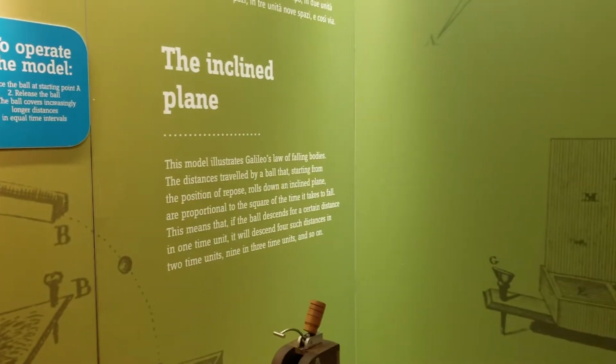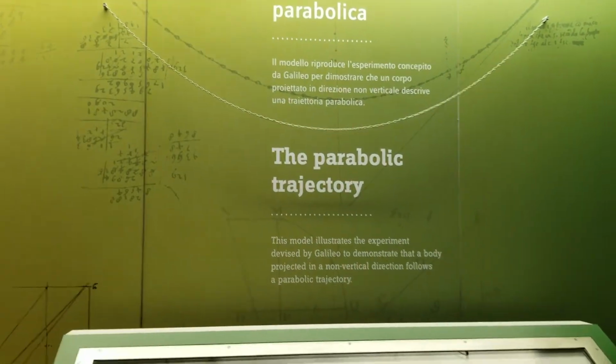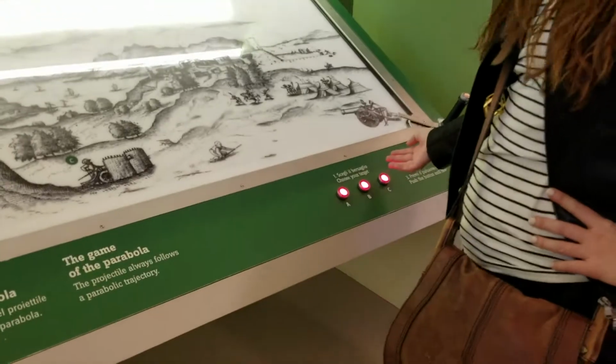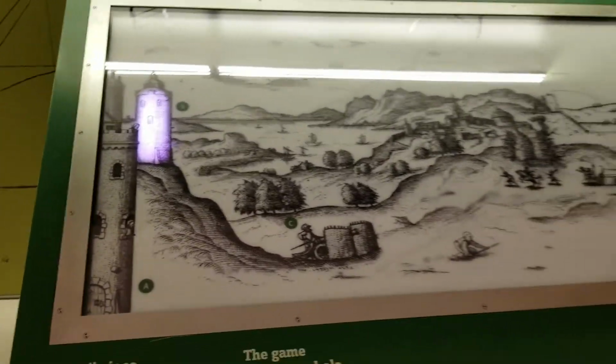Nice. Cool. Ooh, science! Okay, we're going to demonstrate parabolic trajectory by apparently shooting up some stuff. So, select your target. I think I'm going to go with B. Okay. B it is.